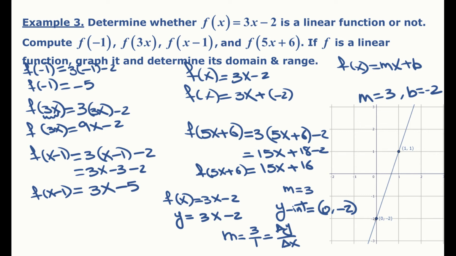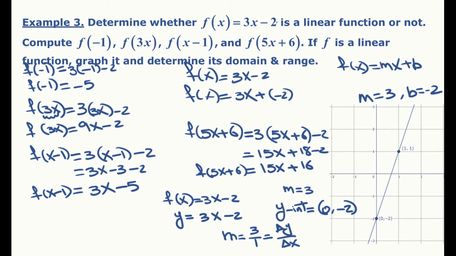So from here we're going to go up 3 units, 1, 2, 3, and then to the right 1 unit, and then we can graph our line. Now notice that that will land us at the point 1, 1, of course. And there is our graph.